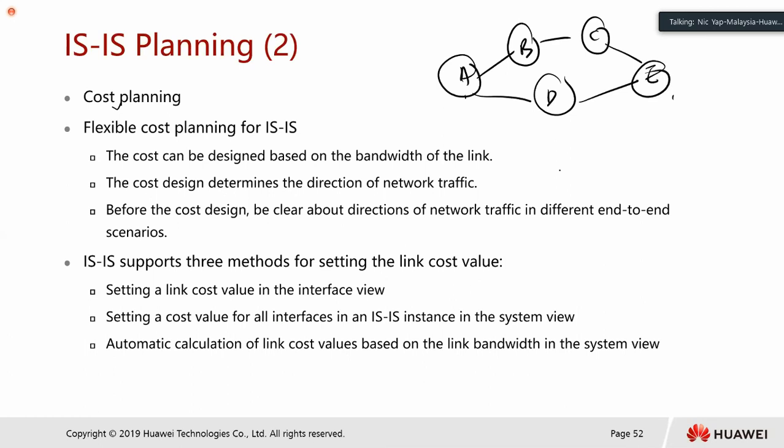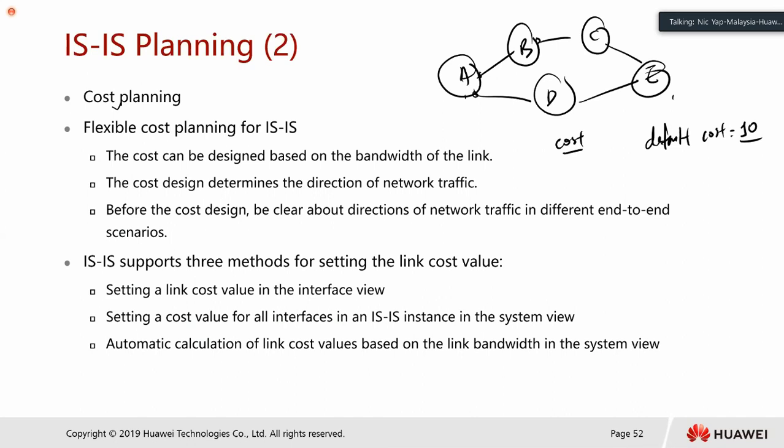So from here, you can define the cost. The cost can be based on the bandwidth of the link, or you can determine it directly on the interface by specifying what cost is going to be used. And they have a default cost value of 10, regardless of what link type you're using, whether Ethernet, 10 meg, 100 meg, 1 gigabit, or 10 gigabit serial connection.